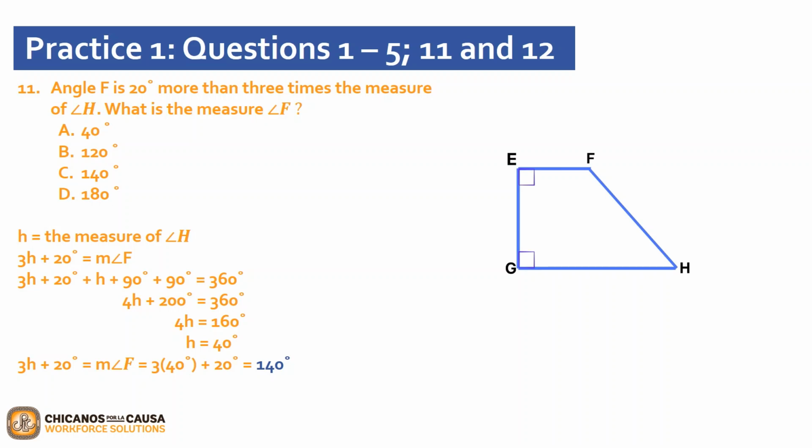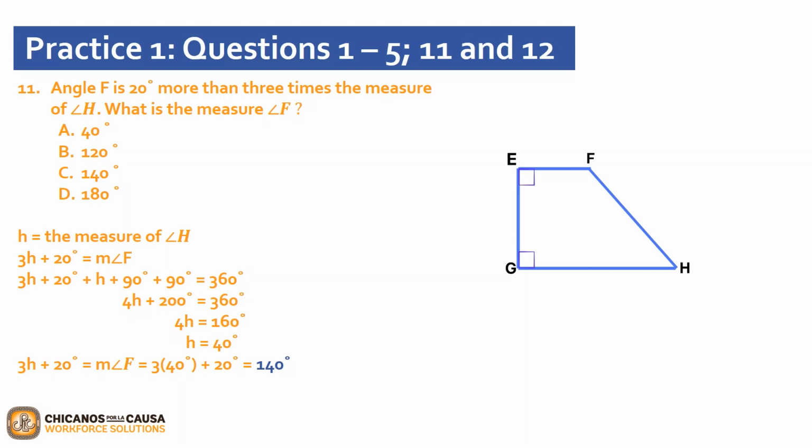Now, because we know that all angles together for a plane figure have to equal 360 degrees, let's input that into our expression. We have 3H plus 20 degrees plus H plus 90 degrees plus 90 degrees equals 360 degrees. So we're adding all angles together.